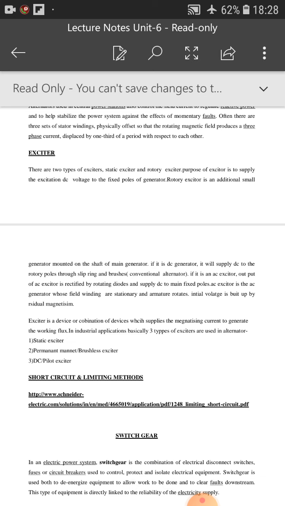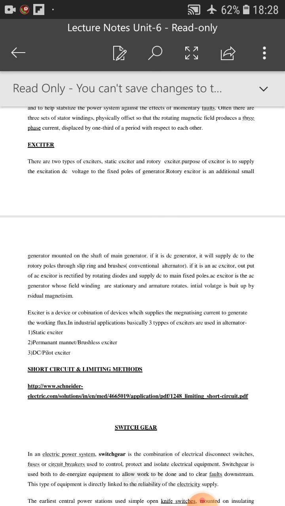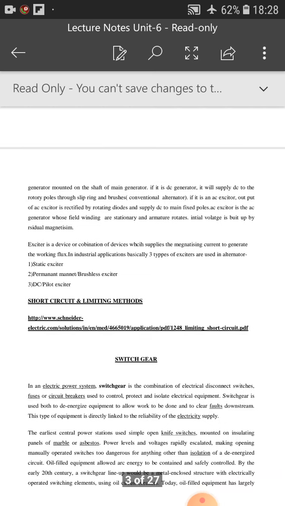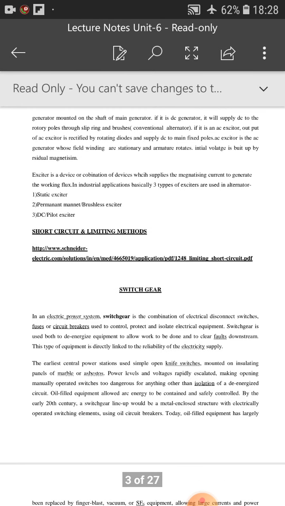In industrial applications, basically three types of exciter are used in alternators. Types of exciter: static exciter, permanent magnet brushless exciter, DC or pilot exciter, short circuit and limiting methods.